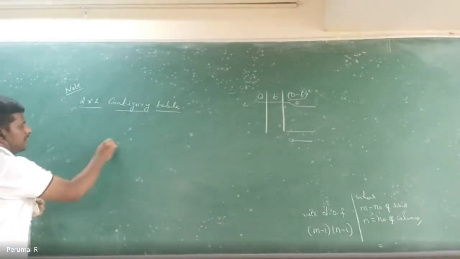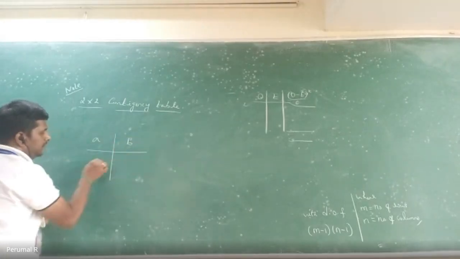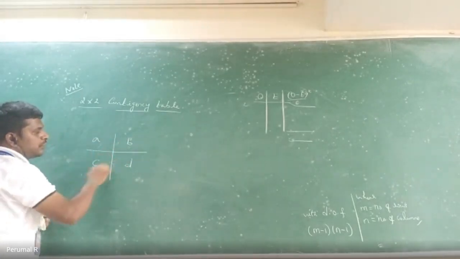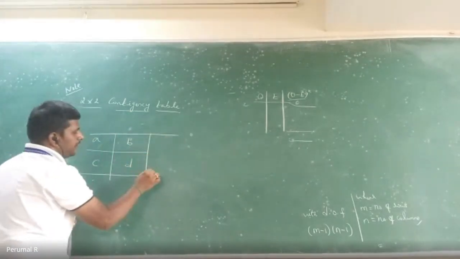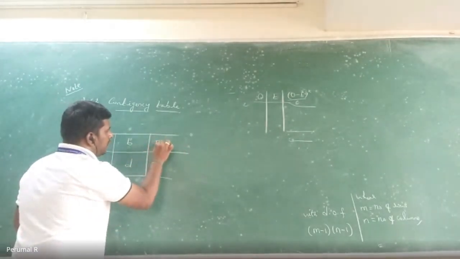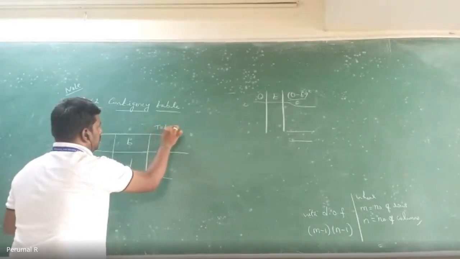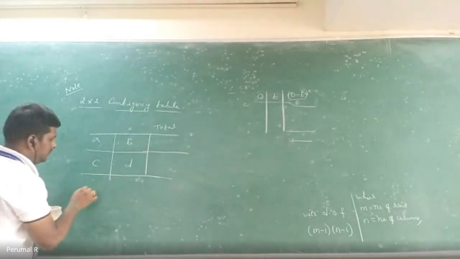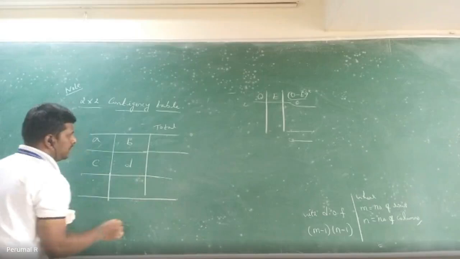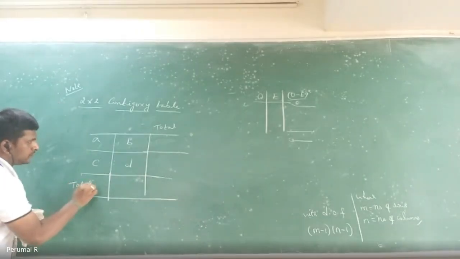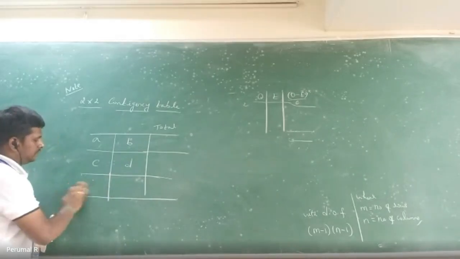We have the data A and B, C and D, 2 rows and 2 columns. Now you can immediately find the totals. Here also you can compute your total.